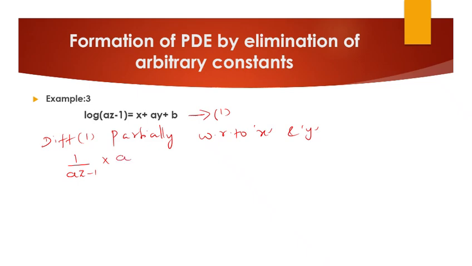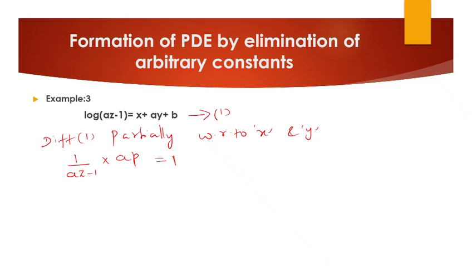Since dou z by dou x can be taken as p, I'm writing this as a into p, which is equal to the right hand side: x becomes 1 when differentiated partially with respect to x, and the other two terms are constants, so they become 0.